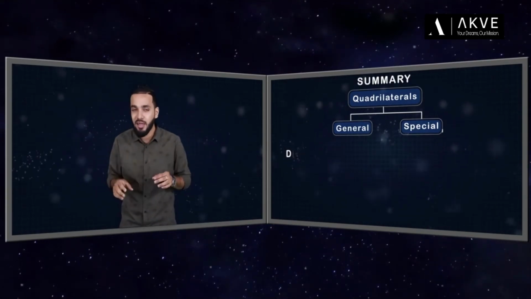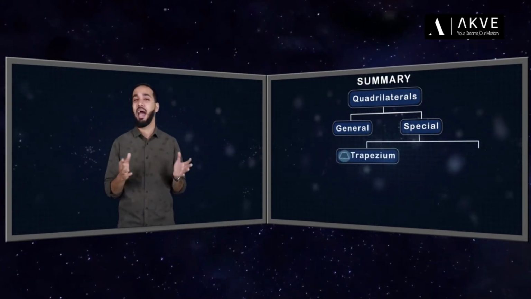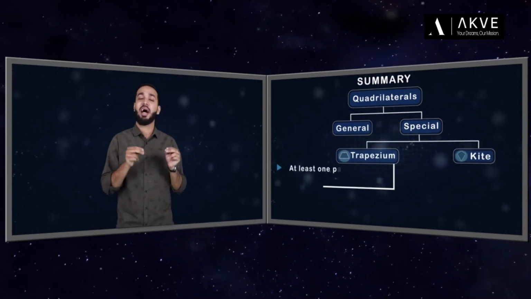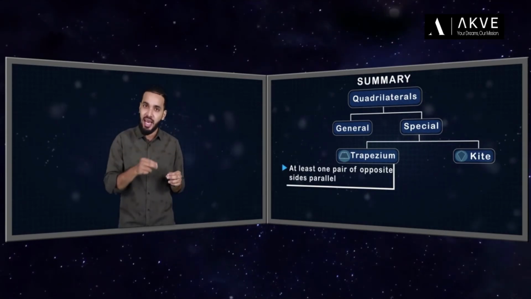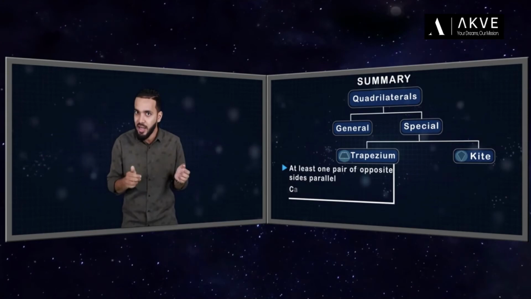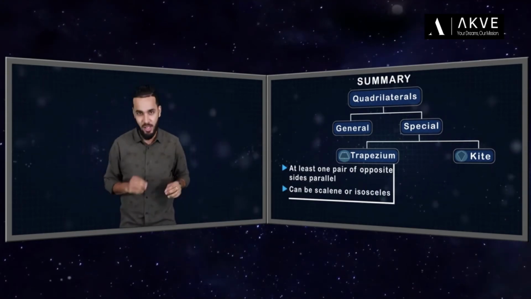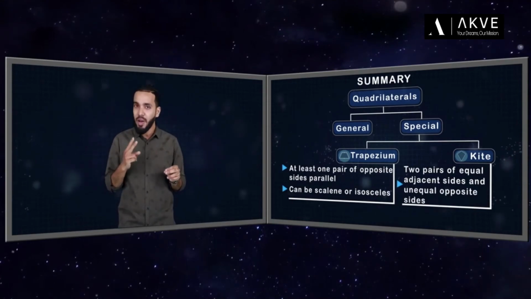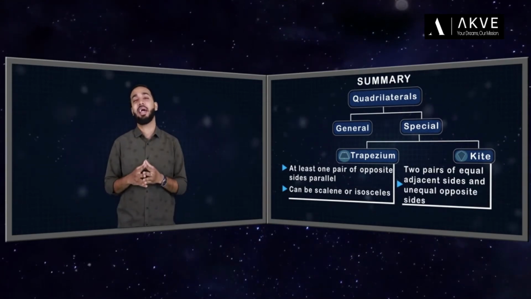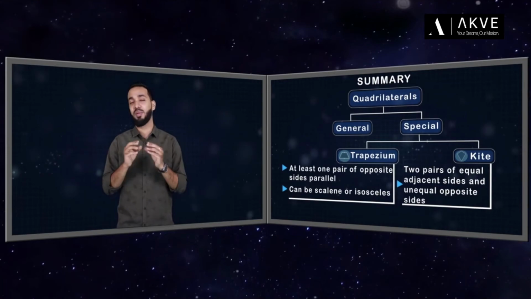Under special quadrilaterals, we have trapeziums and kites. Trapeziums are quadrilaterals having at least one pair of opposite sides parallel. They can be scalene and they can even be isosceles. And kites are quadrilaterals having two pairs of equal adjacent sides and unequal opposite sides.